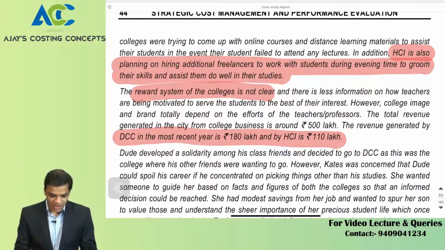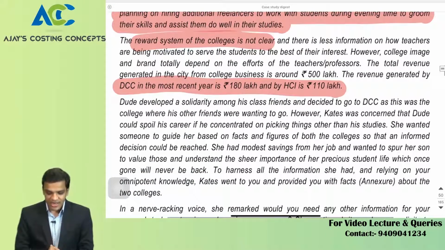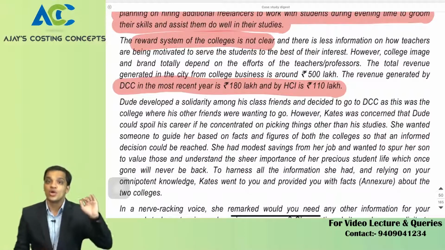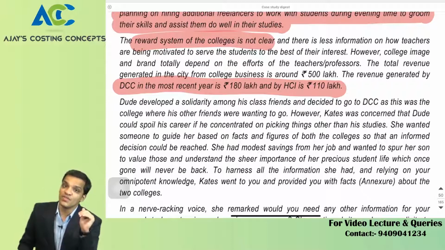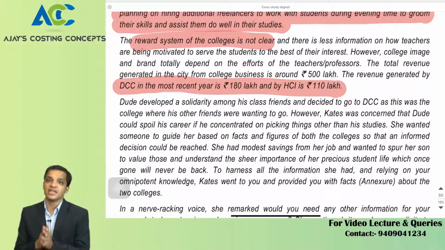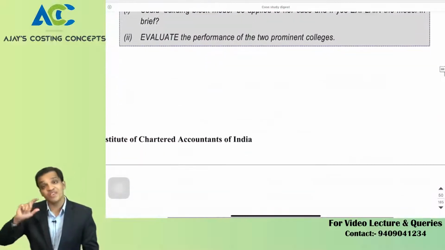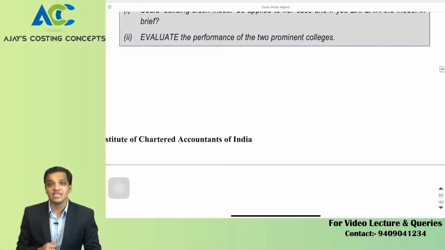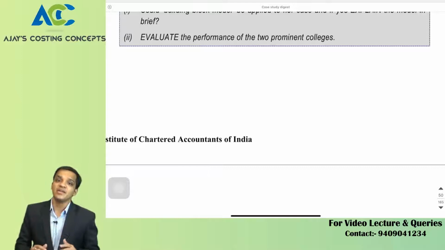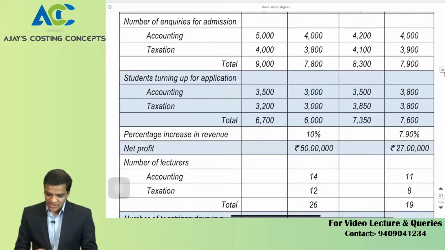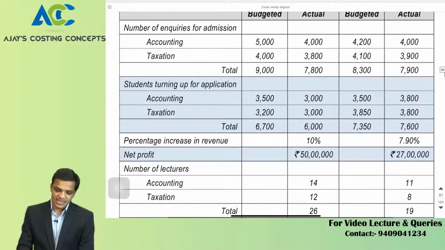The reward systems are not clear, but in the recent year DCC has generated a high revenue. So financially, on the basis of revenue, DCC is better than HCI. But when it comes to the fees model, the way they charge fees, HCI is better than DCC. Further, if you observe, the profits of DCC are again higher than HCI.